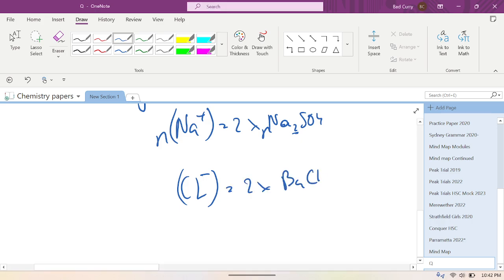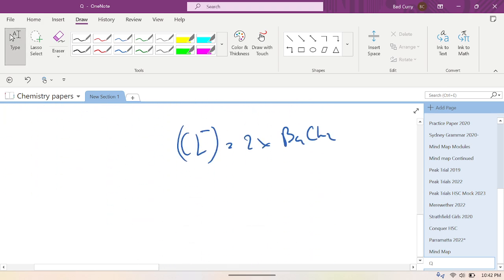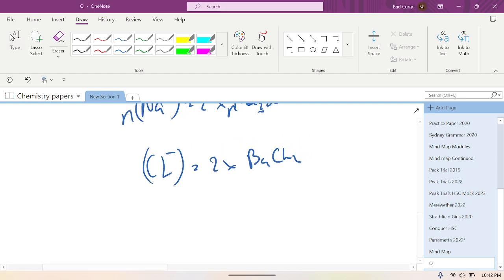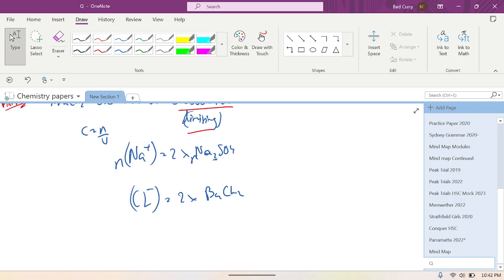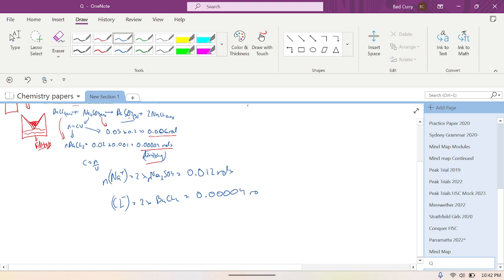Similarly for chloride, because it's barium chloride, BaCl2, there are 2 chlorine for every 1 molecule of barium. Evaluating this, you get 0.012 moles of your sodium, and you're going to get 0.00004 moles of your barium chloride.